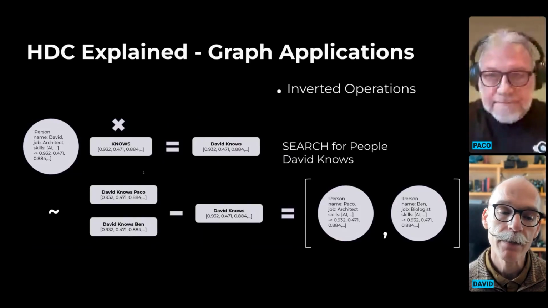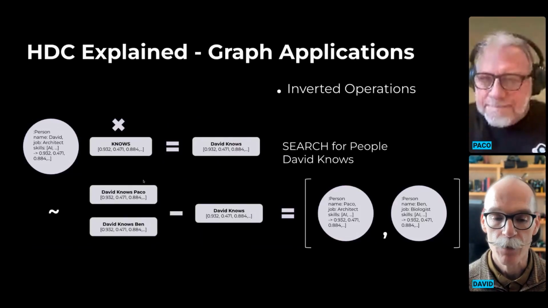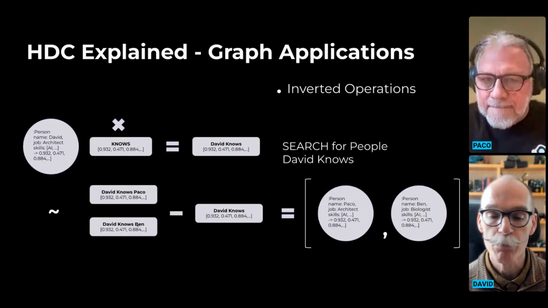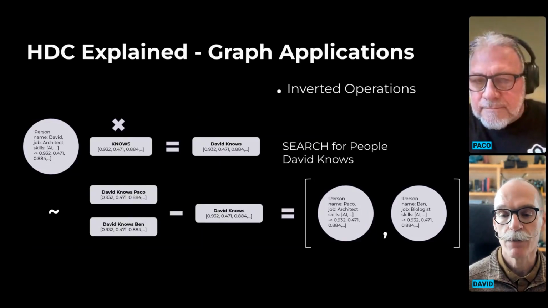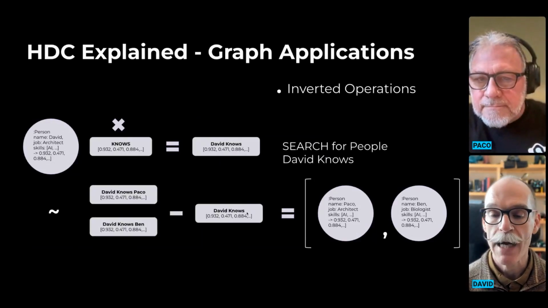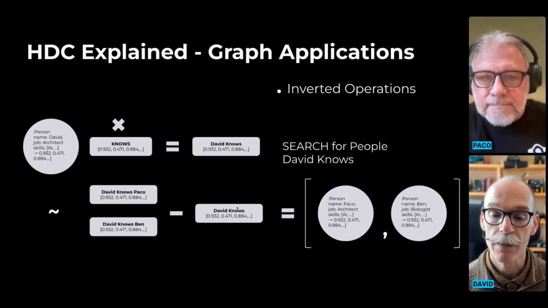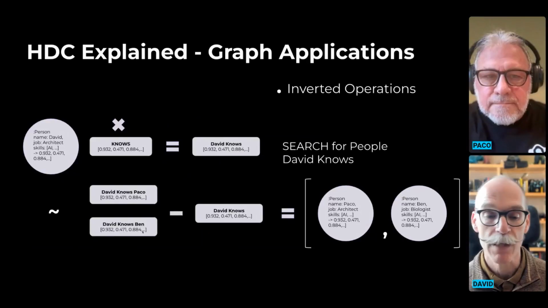I can then find the David knows Paco relationship, the David knows Ben relationship, and I can invert the operations that we just looked at, and I can retrieve back or subtract away the David knows from David knows Paco, and subtract away David knows from David knows Ben.